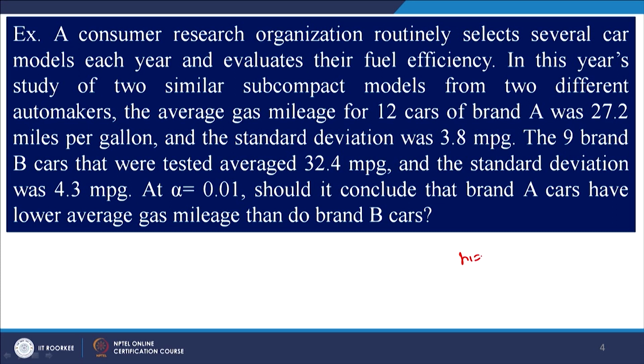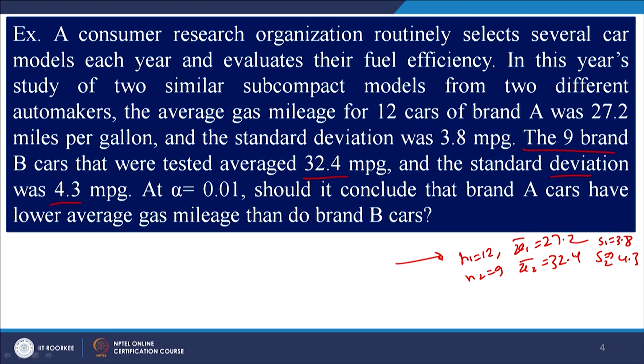So, N1 is equal to 12, average is 27.2 and standard deviation was 3.8. This is for the first sample. The 9 brand B cars that were tested averaged 32.4. So, N2 is equal to 9, average is equal to 32.4 and standard deviation is 4.3.